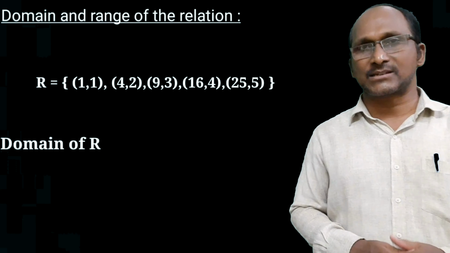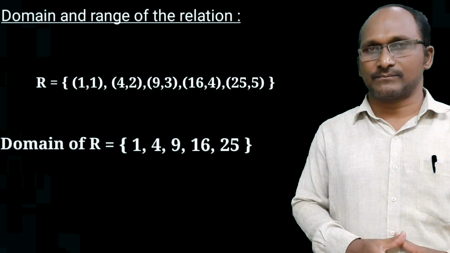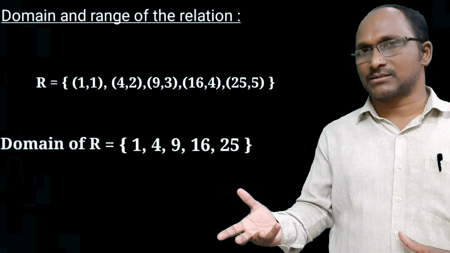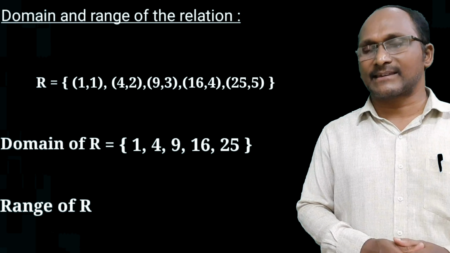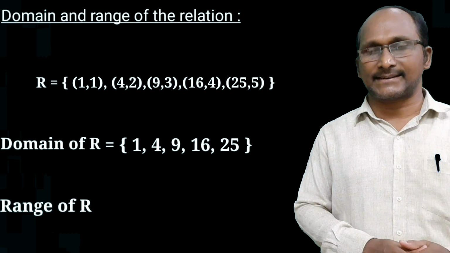What is the domain of this relation R? Already we have seen that it is the set of all the first coordinates. So, domain of R is equal to set of 1, 4, 9, 16, 25. And what about the range? Range of R is equal to, of course here in this case, set of all the second coordinates.